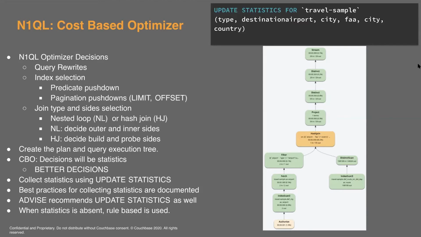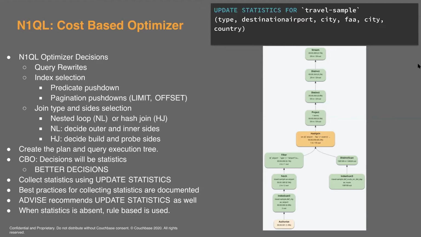Then for each join, it has to decide which collection or subquery forms the inner or the outer side of the nested loop. And similarly for hash join, it has to decide which side has to be the build and which side has to be the probe. It has to decide all this for all the collections and for the access paths. So even with a small number of collections and indexes, the combinations it has to consider can be huge.